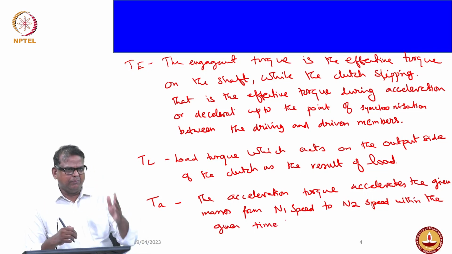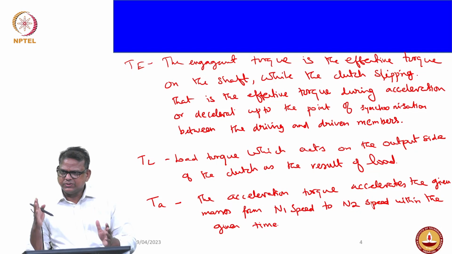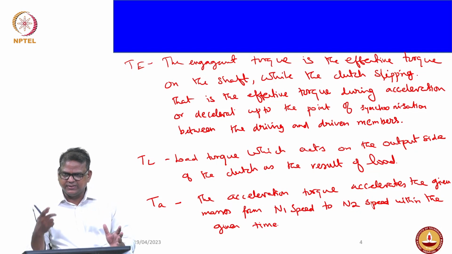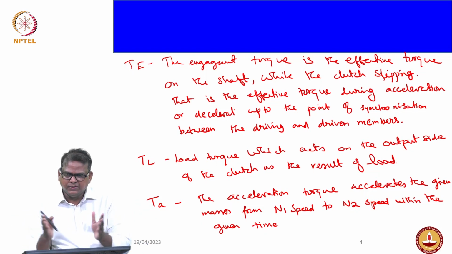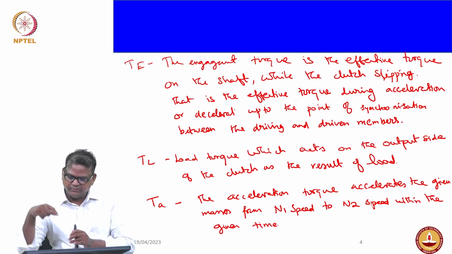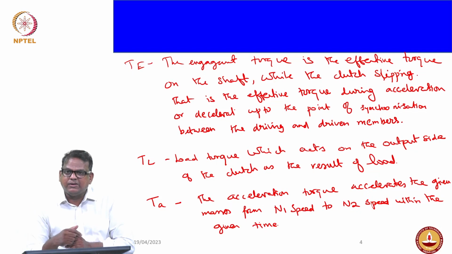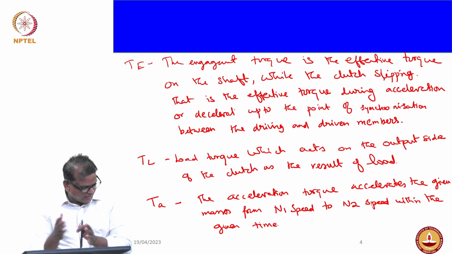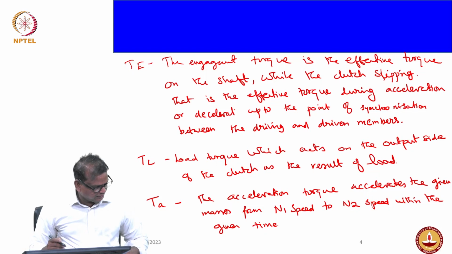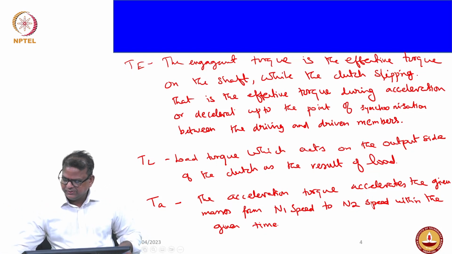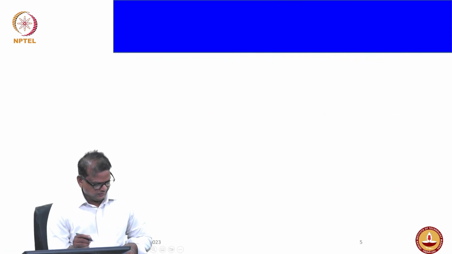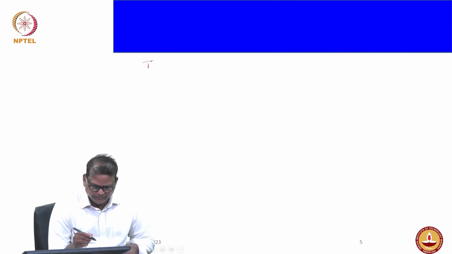So we have one member rotating from the engine, and another member, the friction plate or disc plate, also rotating. When they touch each other, the load again depends on the speed of the driven member from the clutch. When they're making engagement, we then have the acceleration torque. Normally the acceleration torque is equal to TA.